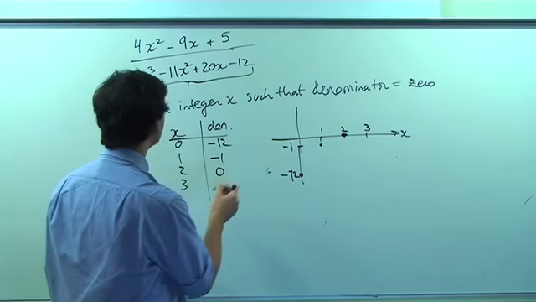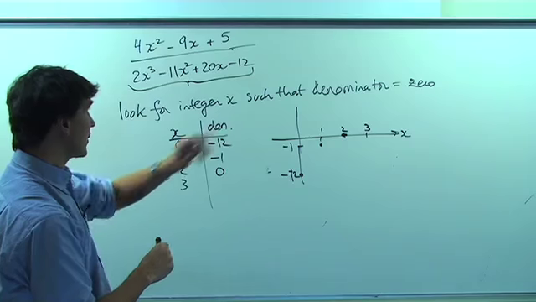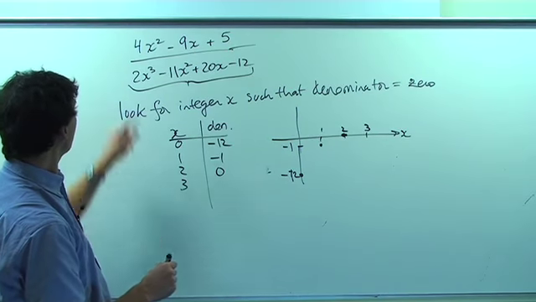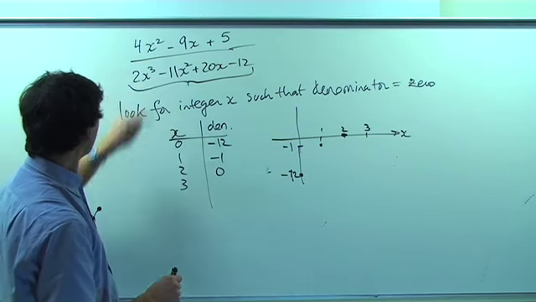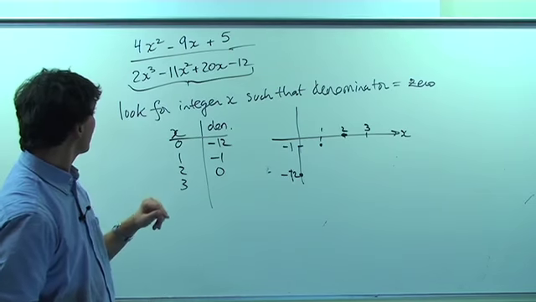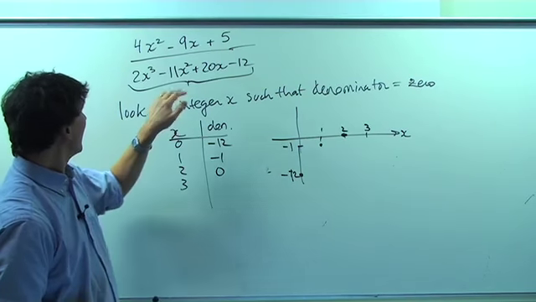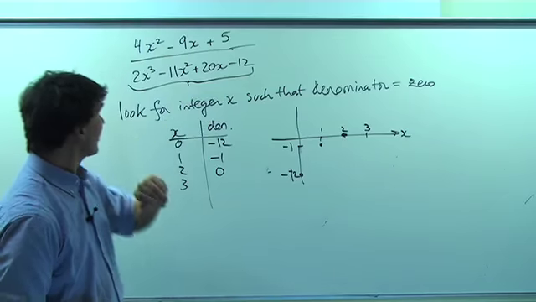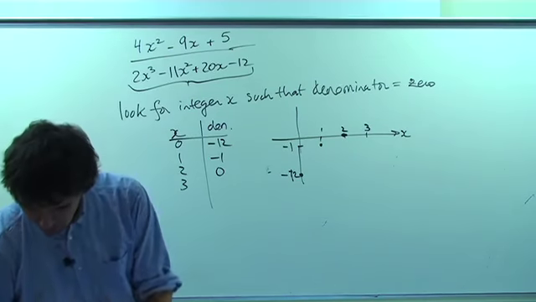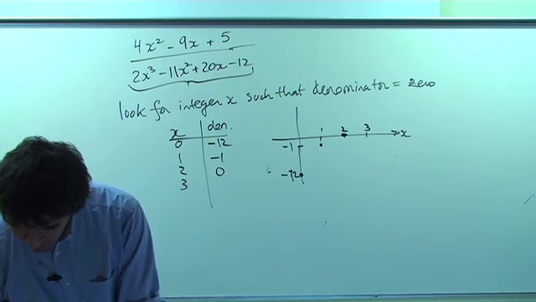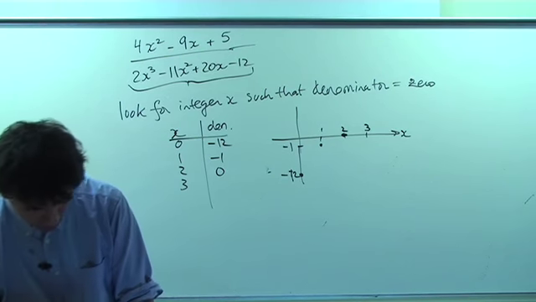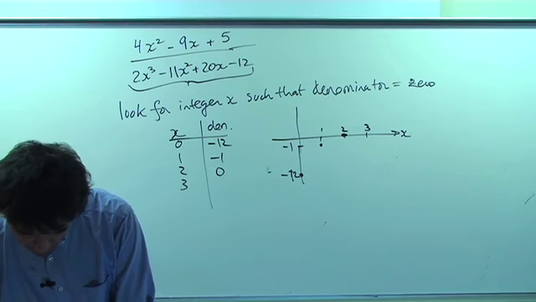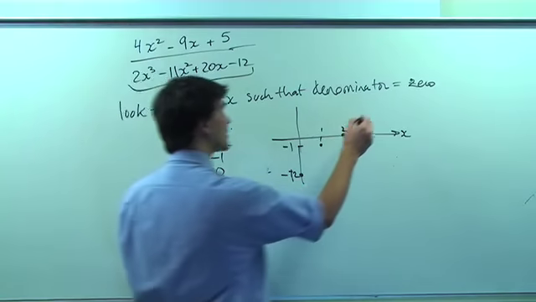And x equals 3, we might as well do it since we can, and if we do it, we can sketch this graph. That number there is 20, so 2 times 27 is 54, minus 99 plus 60, and then minus 12. And when I did that one before, I got a positive number, which is up here somewhere.